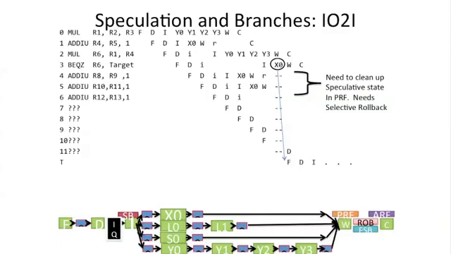OK, so this takes us to our pinnacle pipeline that we had last time. In-order fetch, out-of-order issue, out-of-order execute and write back, and in-order commit. And let's take a look at this. And there's sort of 2 competing questions here that we have to think about.